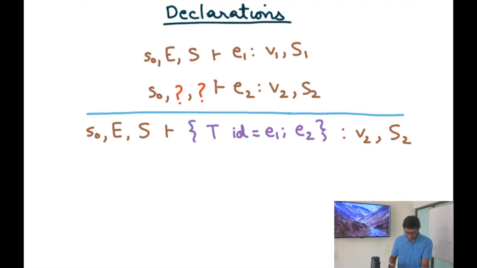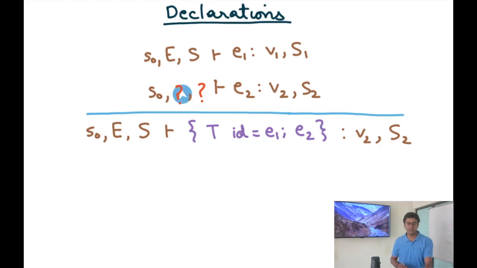Informally speaking, the environment should have all the mappings that E already has, plus a mapping for ID. If E already has a mapping for ID, maybe because ID was declared in an outer scope as well, then that mapping should be overridden by this particular mapping from ID to its new location, not E1 but a new location.